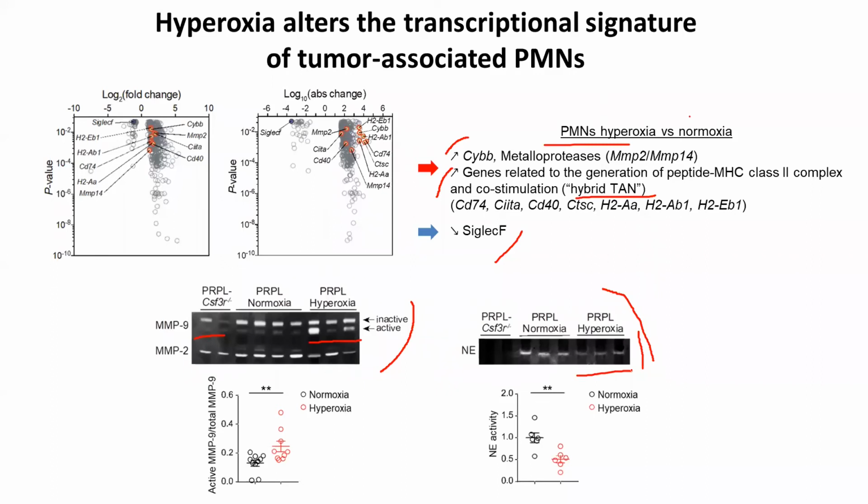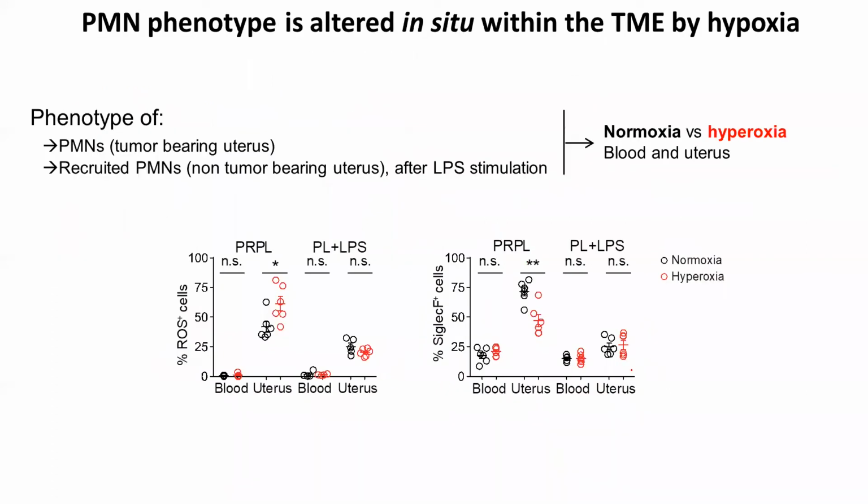Capitalizing on this data, we performed flow cytometry on PMN from tumor-bearing uterus and blood of PMN mice housed in either normoxia or hyperoxia condition.